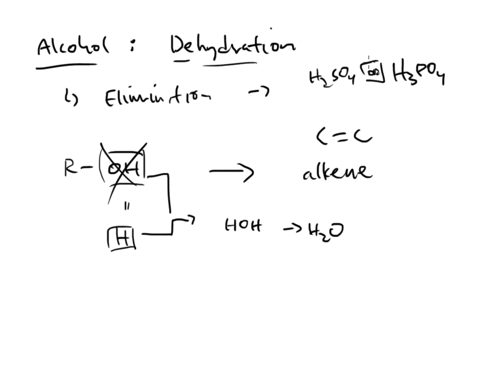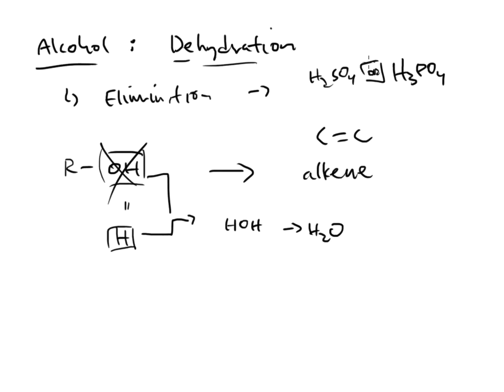All of the hydrogen halides, those hydrochlorics, hydrobromics, hydroiodics, we do not use because those promote substitution, not dehydration. But there's a couple of acids, sulfuric and phosphoric, that do promote the elimination of an alcohol. And these are the ones that we use.